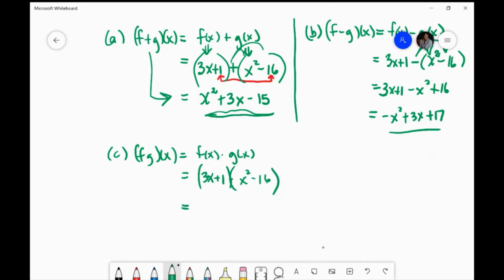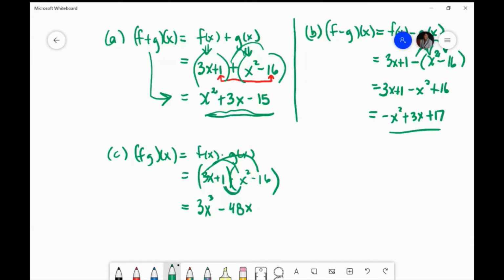Let's multiply. What's 3x times x squared? 3x cubed. Yeah, right. All right, 3x times negative 16. Negative 48x. My bad, I'm getting ahead of myself.